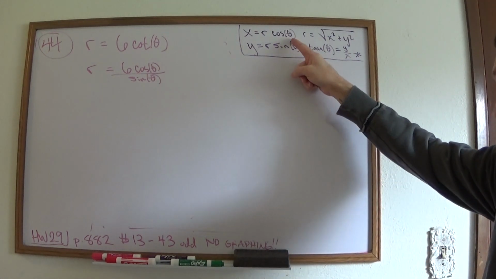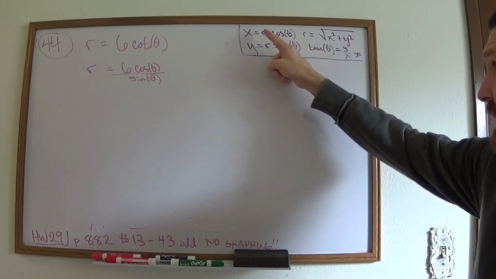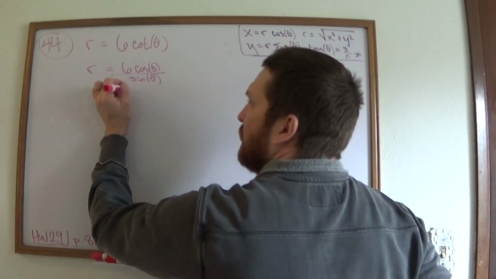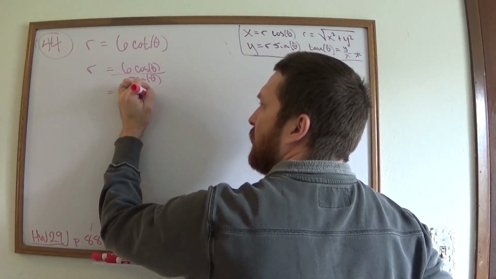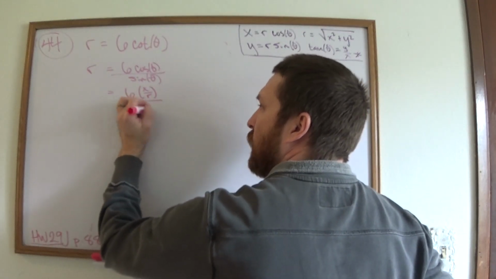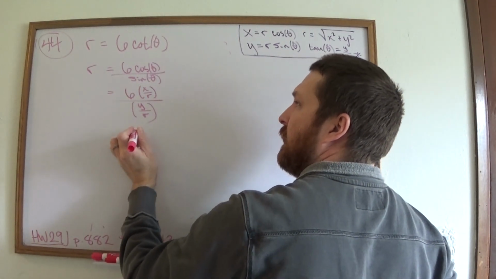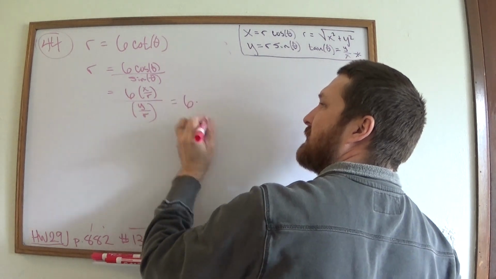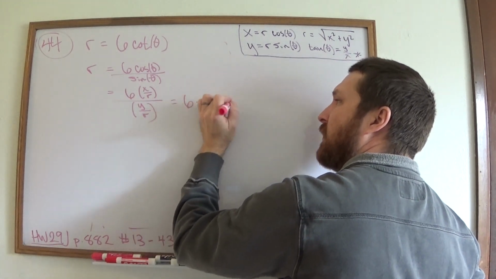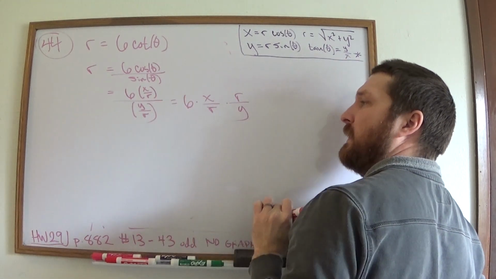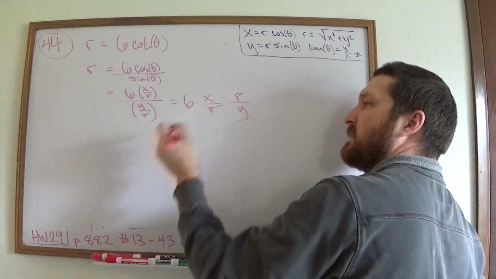If cosine theta is x over r, there's 6 times x over r. Sine theta is y over r, which is the same thing as 6 times x over r times r over y. The r's cancel.